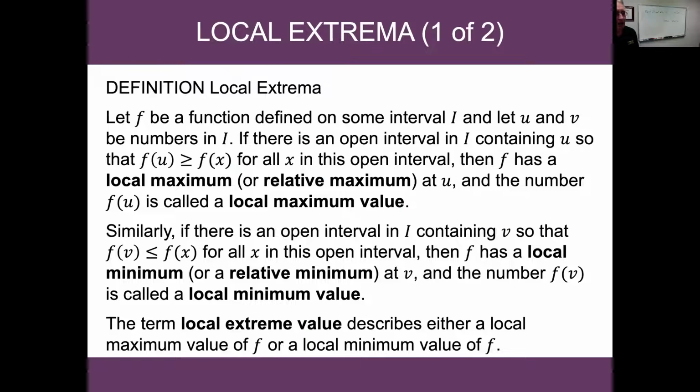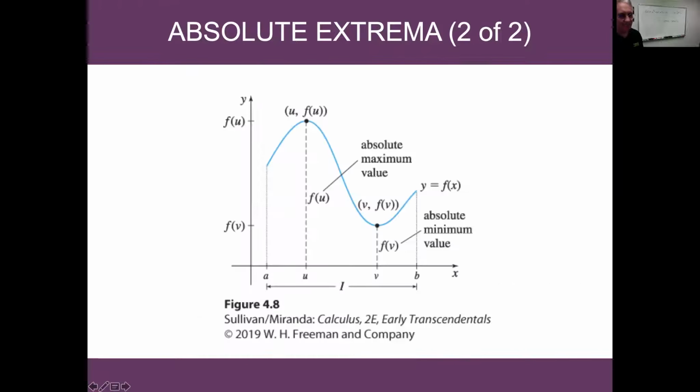Now, when you talk about local maximum or minimum, let's back up just a little bit. If this function, off to the left of A, continued to go down all the way past where the current absolute minimum is, then that would no longer be the absolute minimum. It turns out it would then be what is called a local minimum.